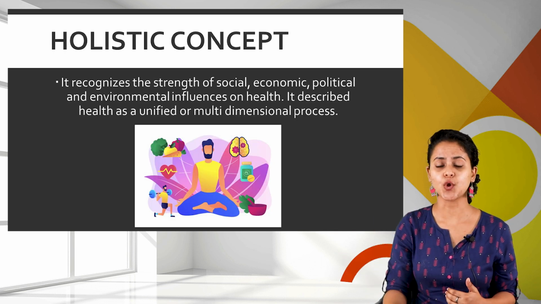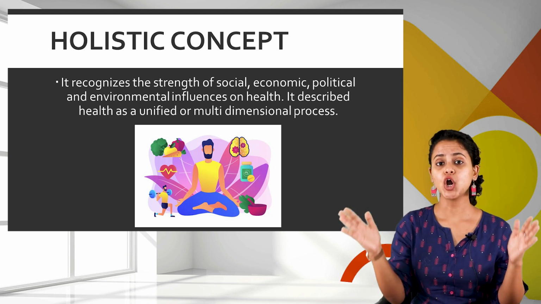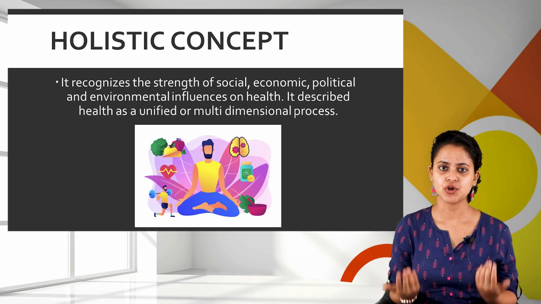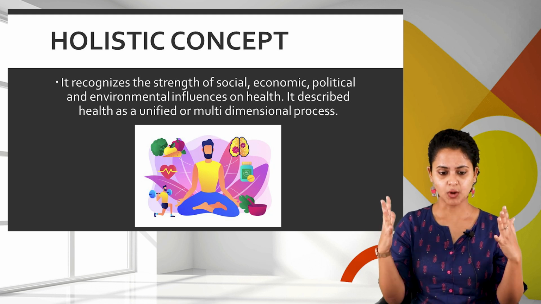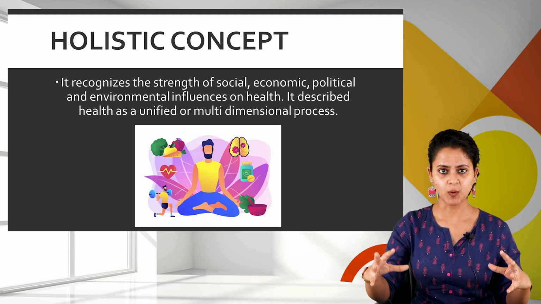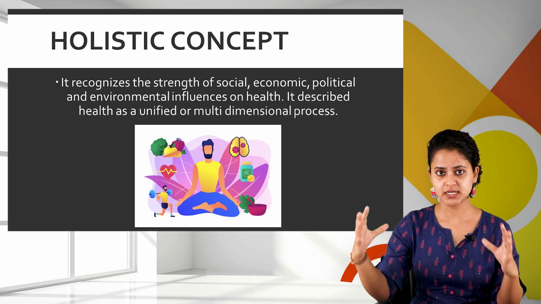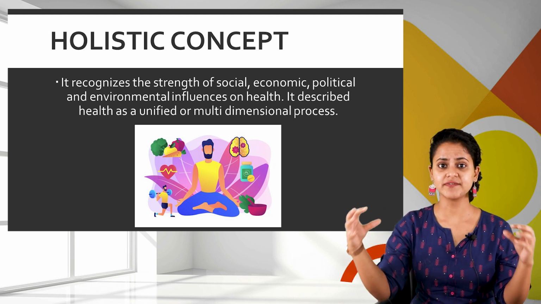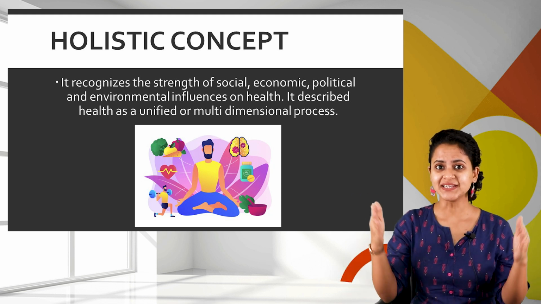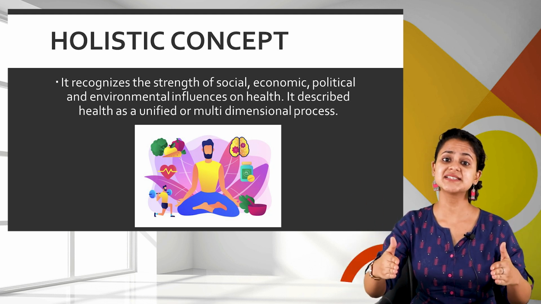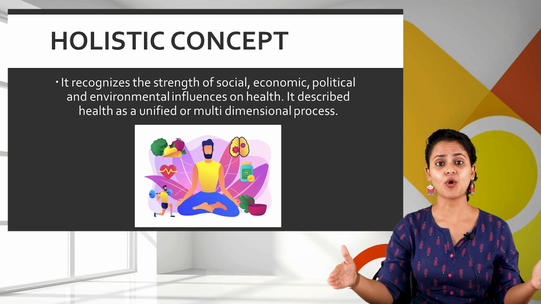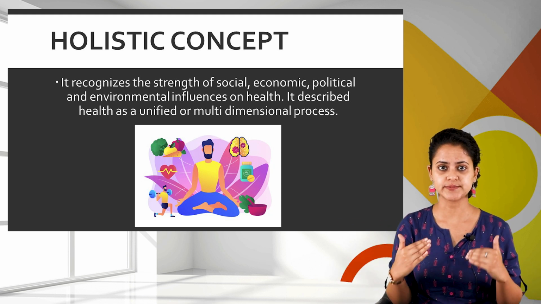Next, we are going to read now about the holistic concept of health. Now, the holistic concept is a synthesis of all other concepts. So we have read about the biomedical concept, the ecological concept, and the psychosocial concept. The holistic concept of health basically is a synthesis of all these other concepts.